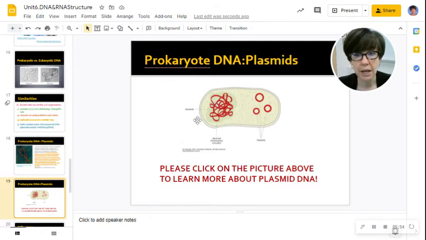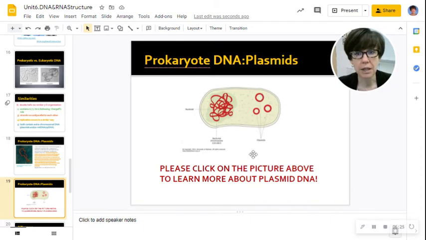Here would be our main circular chromosome in the bacteria cell. And then we've got plasmids, which is extracellular DNA, these little tiny circular pieces of DNA. These plasmids are very interesting. They can carry genes for antibiotic resistance and transfer that antibiotic resistance from one bacteria to another in the same generation.